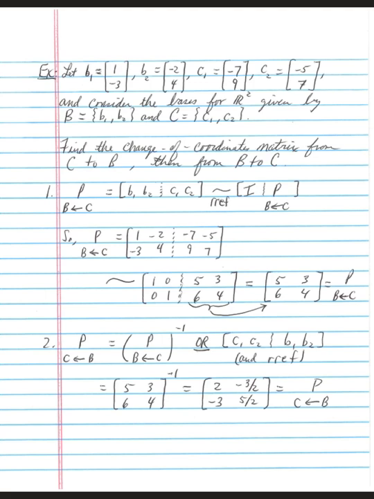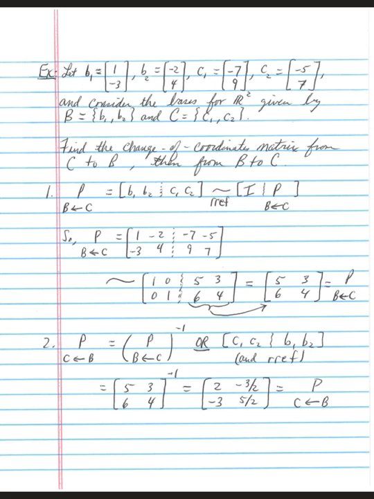Okay, so let's check out another example. It's very similar. We've got B1, B2 column vectors, C1 and C2, and we're going to consider the basis for R2 given by those two bases, B and C. To find the change of coordinates matrix from C to B, this time we're going to put the B column vectors first, augment that, and then put the C column vectors last.